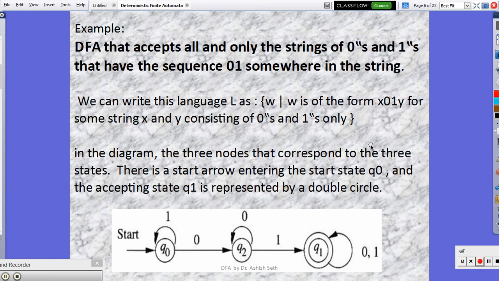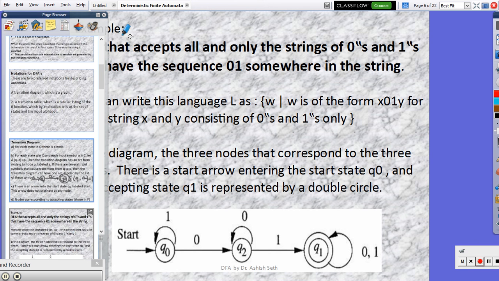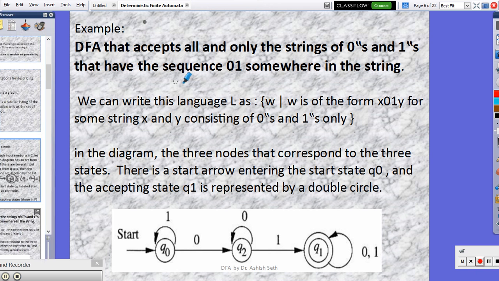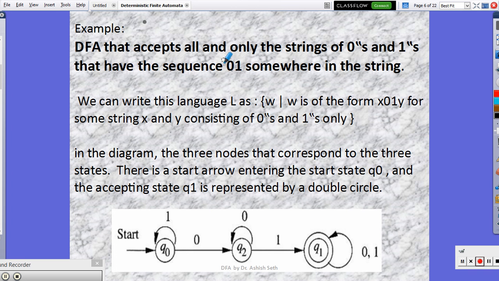Now we'll take one example. A DFA that accepts all and only the strings of zeros and ones that have the sequence 0 1 somewhere in the string. First of all, we'll try to understand what the DFA means here.